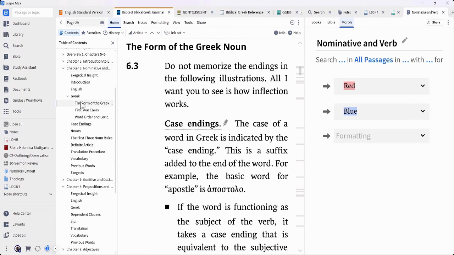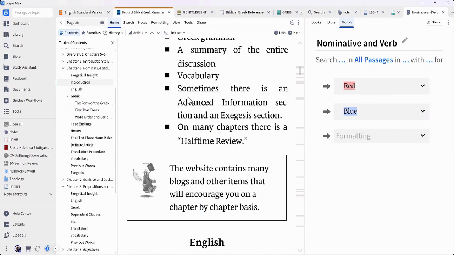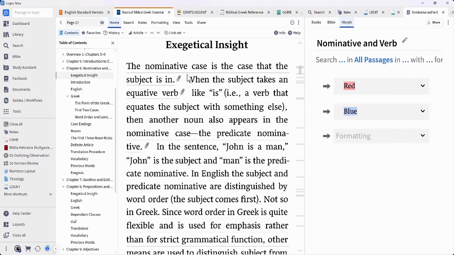He says that the nominative case is the case that the subject is in, when the subject takes an equative verb, something like is, are, was, were, where the verb equates the subject to something else.